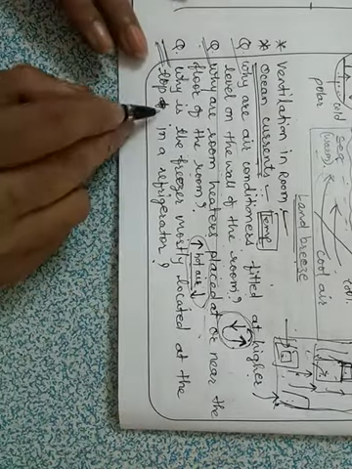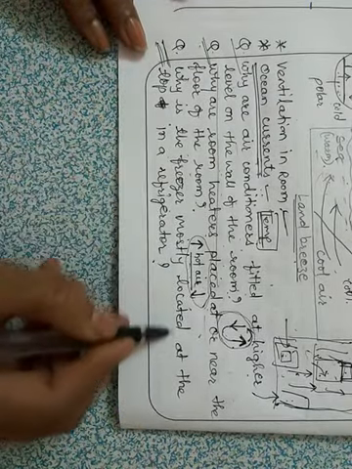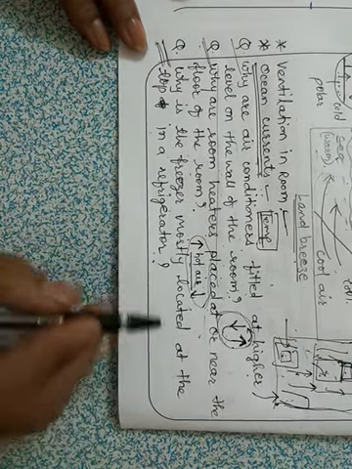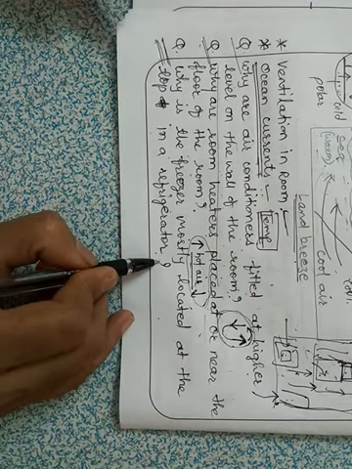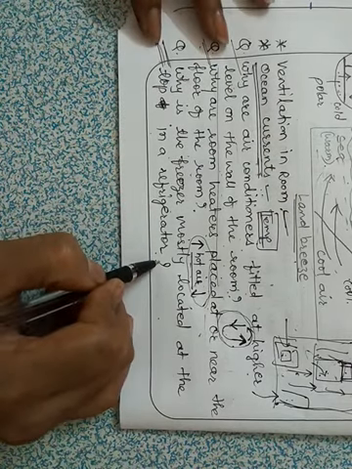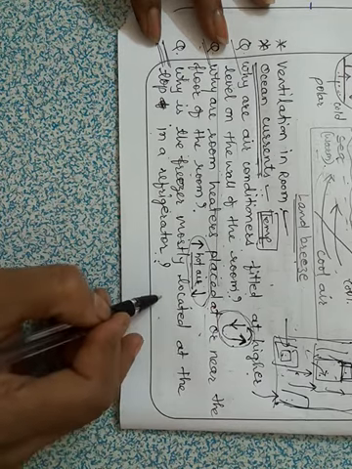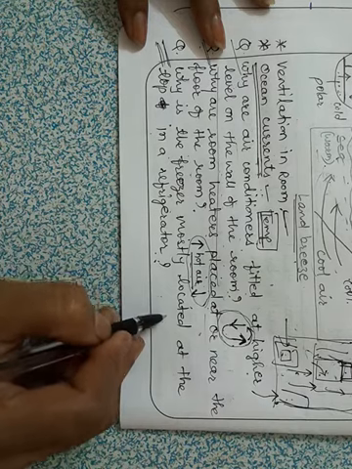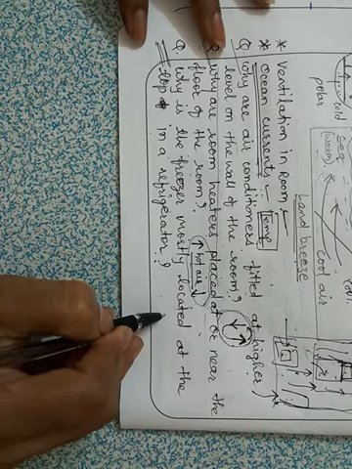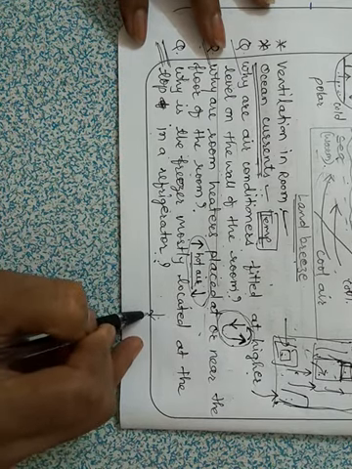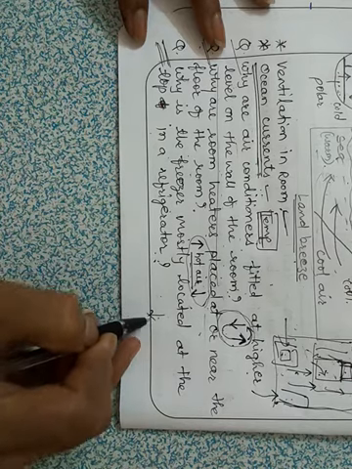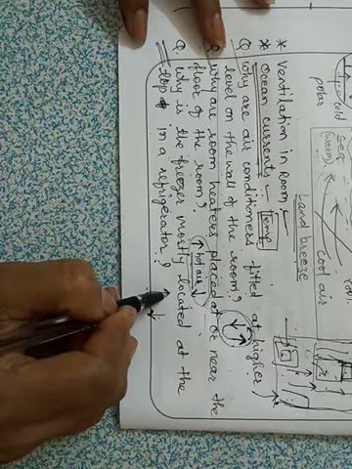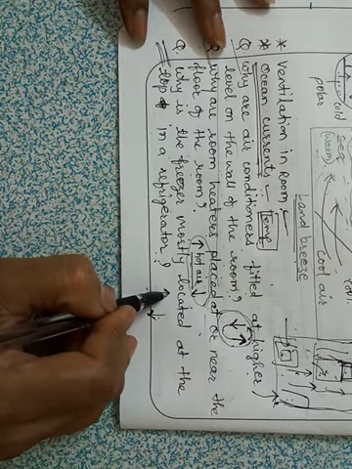And the last question is, why is the freezer mostly located at the top in a refrigerator? Again, the same reason. The air inside and around the freezer compartment gets cool and moves downwards, right? The air near the freezer gets cool and moves downward, and the less cool air, which is warmer than this, moves upwards.